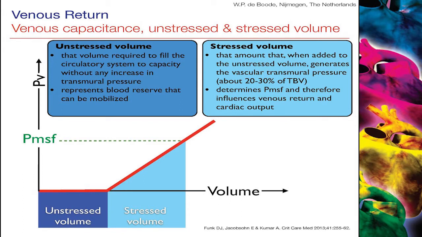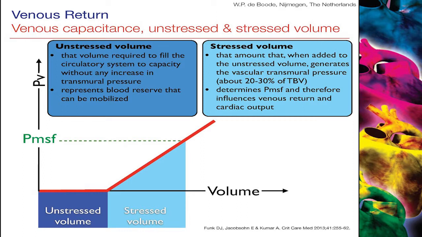When we look at the venous system and fill it up with fluid, at first it won't increase the venous pressure because it just fills up the system, and that is called the unstressed volume.